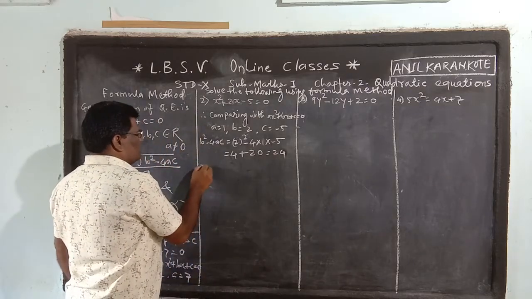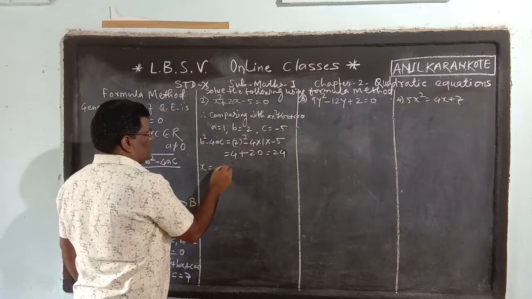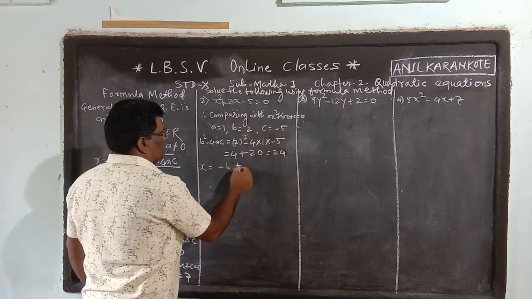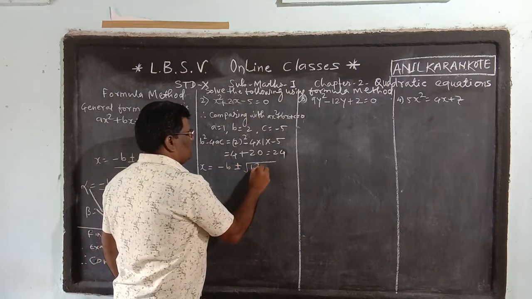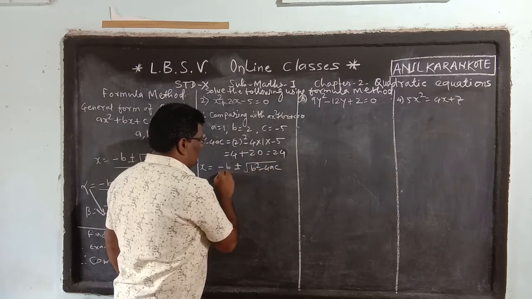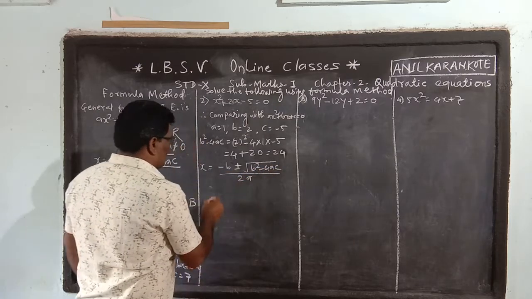Now write the roots. x is equal to minus b plus minus square root of b square minus 4ac upon twice a, and substitute the values.